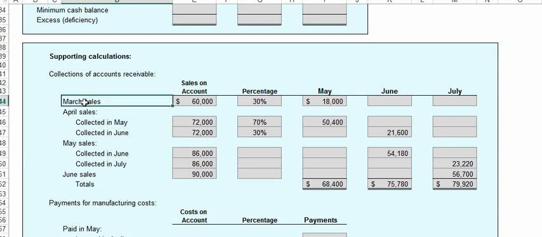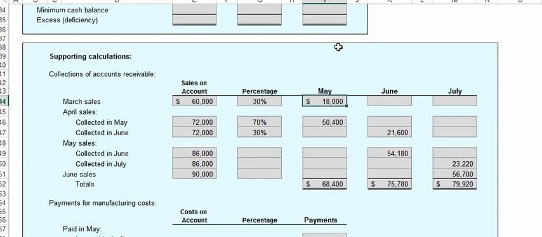So we'd start with March sales. Well, 70% of March sales on account would have been collected in April, so it won't affect this budget. The other 30% of March sales made on account would be left in accounts receivable on May 1st. So they're telling us what? March sales on account in total were 60,000 times 30% will be collected 2 months after the sale.